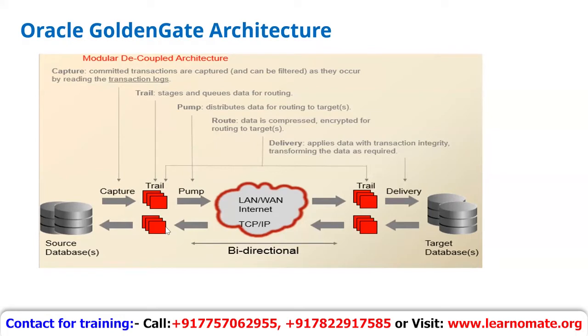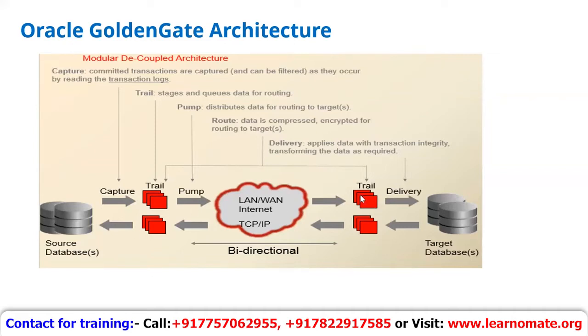Once the data becomes available in the local trail, the data pump process reads the data from the local trail, sends it over the TCP/IP network, and writes it to the remote trail on the target machine. The source of the data pump process is the local trail, and it writes to the remote trail. Once the data becomes available in the remote trail, the delivery or replicate process reads the data from the remote trail and applies it to the target database.